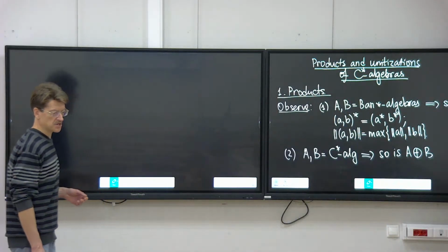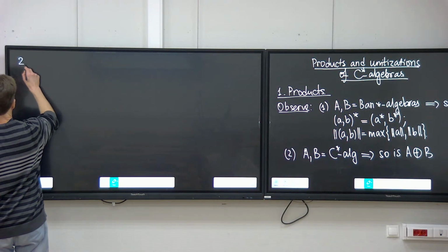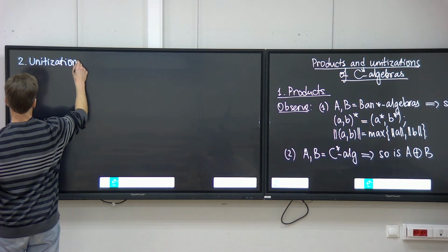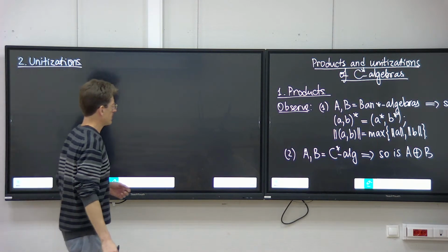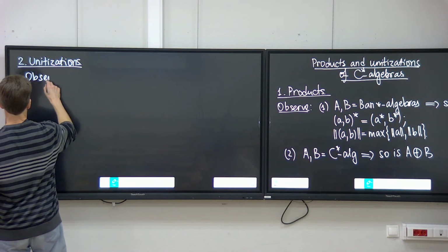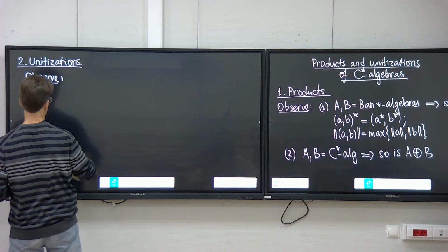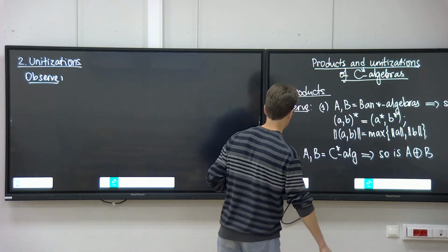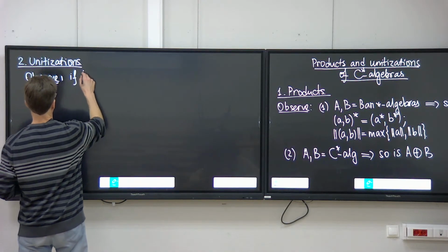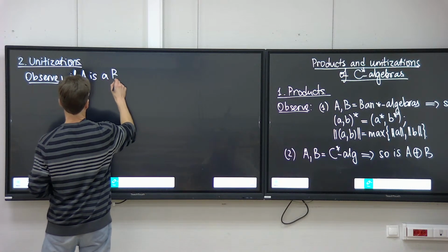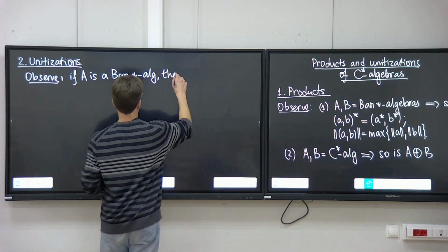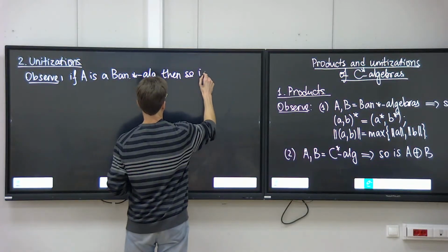The situation with unitization is more delicate. Again, let's start by observing that if we start with a Banach star algebra A, then so is its unitization.